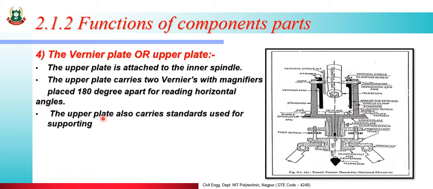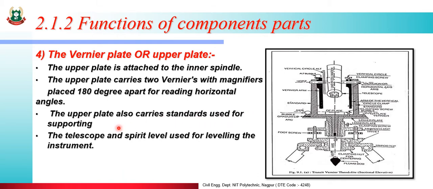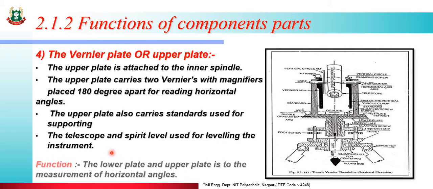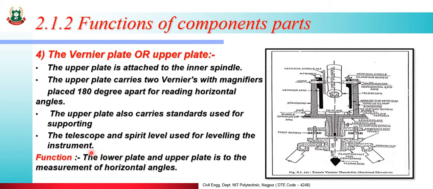The upper plate also carries standards used for supporting the telescope and spirit level used for leveling the instrument. Function of the Vernier plate or upper plate: along with the lower plate, it is for the measurement of horizontal angle.